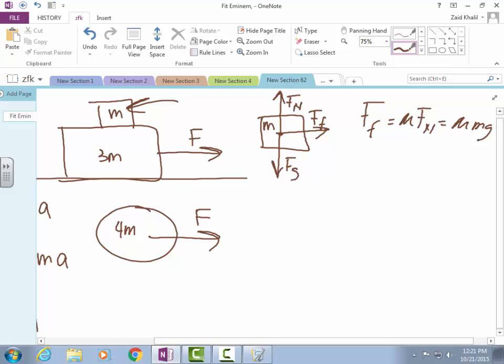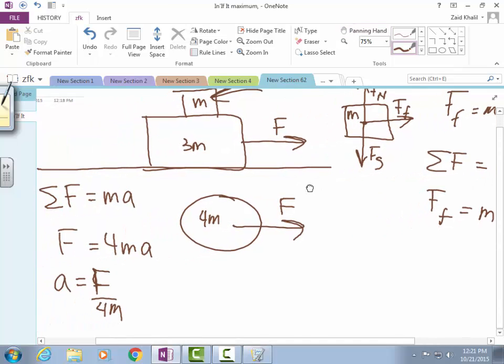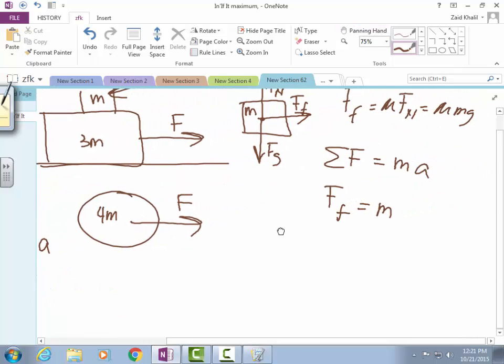Net force is equal to the mass times the acceleration. The net force is Ff. And that's equal to the mass, which is m, times the acceleration. But what's the acceleration of this body? F divided by 4m. Why? Because what does it not do? It doesn't slip.